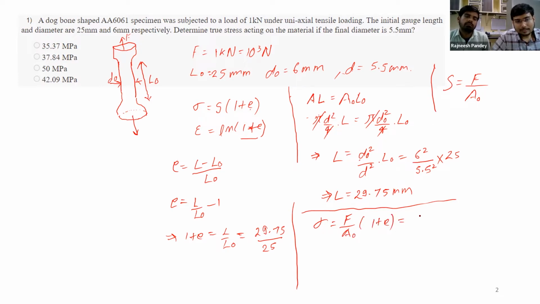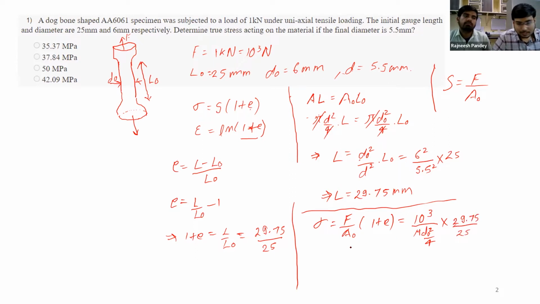Upon substituting, we get 10 to power 3 over A naught, which is pi D naught square over 4, into 1 plus E, which we have found to be 29.75 divided by 25.